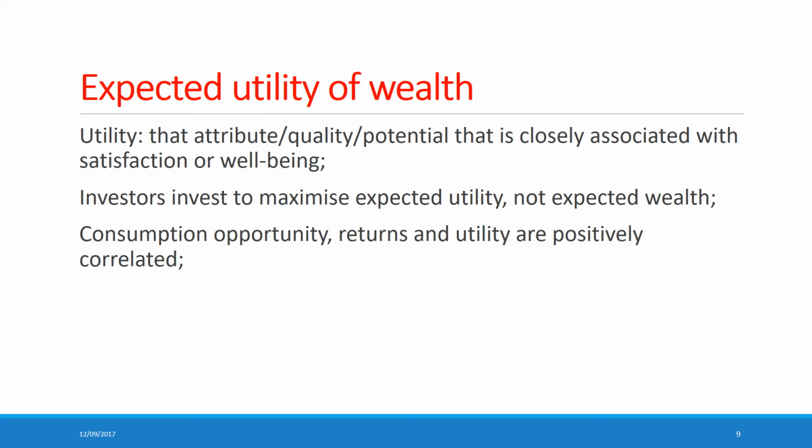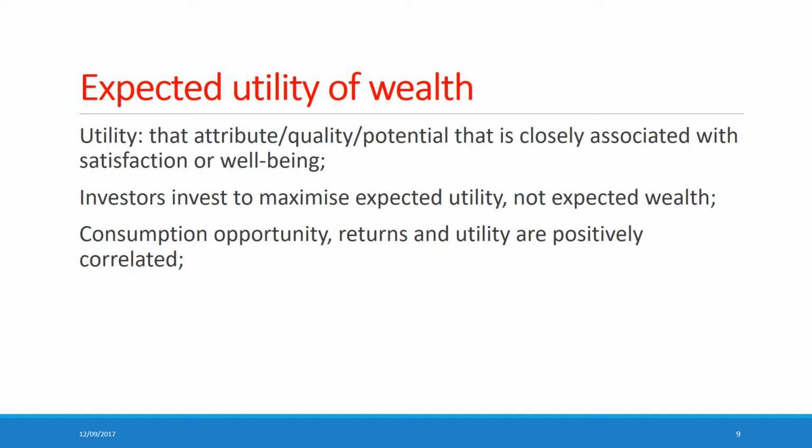Here the expected utility theory says that actually investors are not trying to maximize their wealth, they're trying to maximize the utility of their wealth. Consumption opportunity, returns and utility are positively correlated.